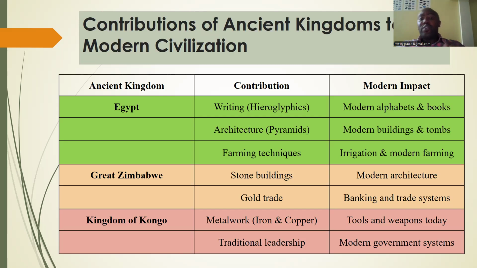One, we've talked about the Egyptian ancient writings that we've referred to as hieroglyphics. Next, we had architecture. Then the farming techniques.